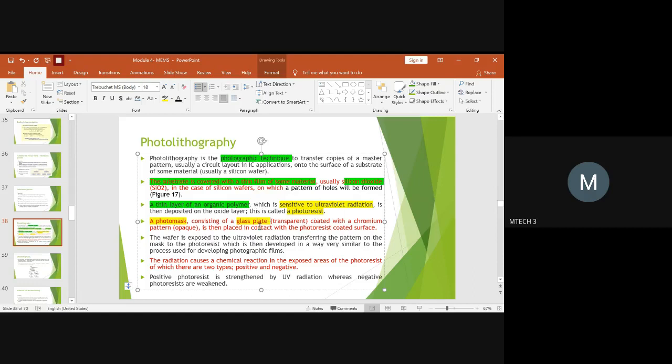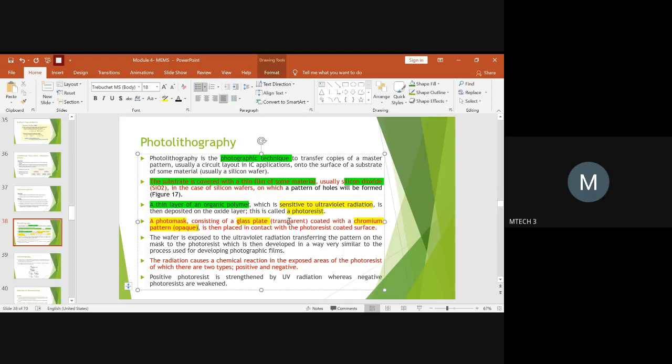This glass plate will have a chromium pattern on it. Usually the mask comes with some pattern. The chromium pattern is opaque in nature.